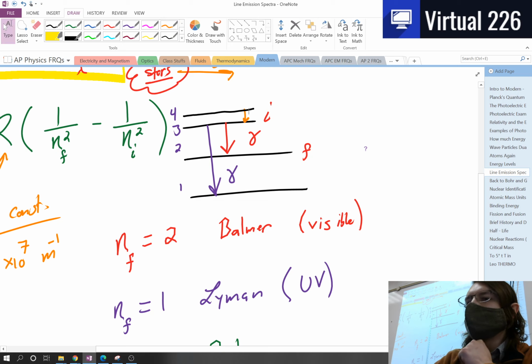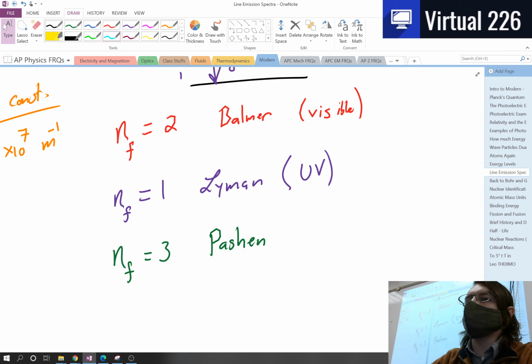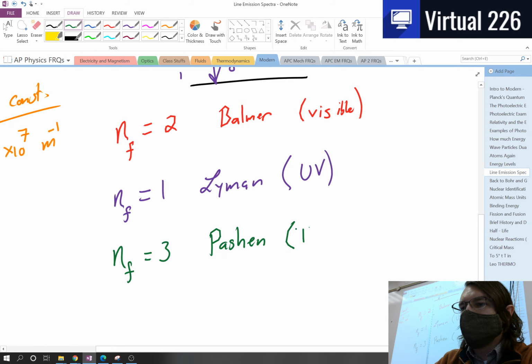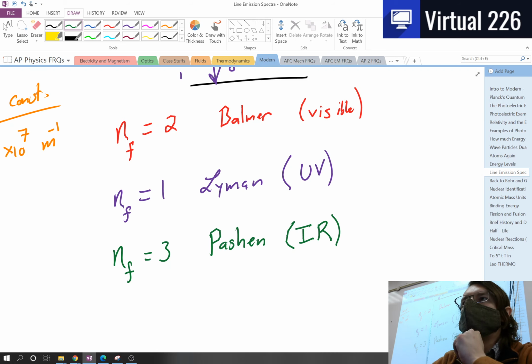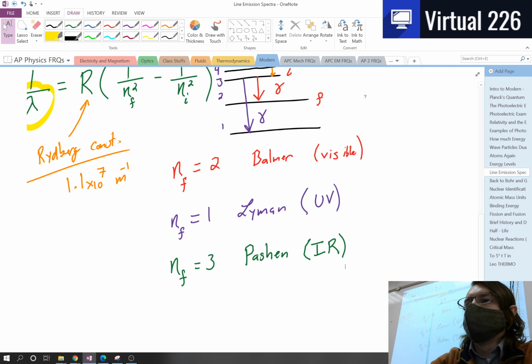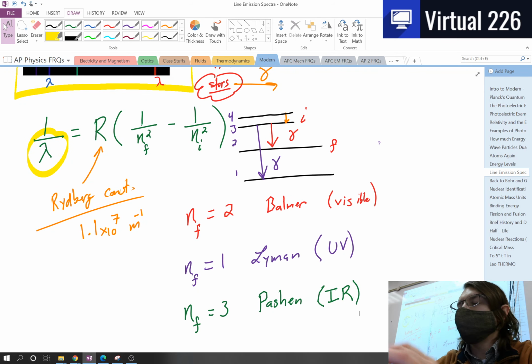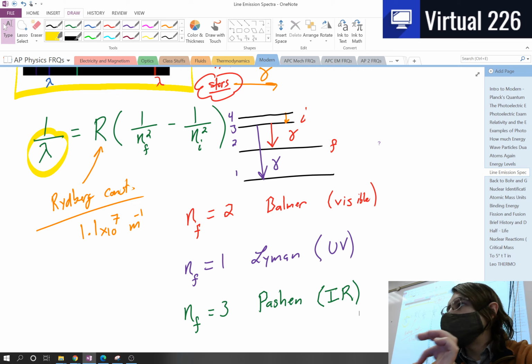As a result, there's a smaller drop. A smaller drop means less energy, which means these lines are in the infrared. So Balmer, Lyman, Paschen lines, they're all lines that follow this equation and can be found for spectral hydrogen.